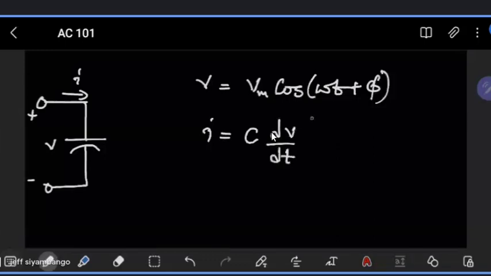I think we looked at these expressions when we were looking at the LC, the RC and the RL circuits some time back. So this is basically what you start with.